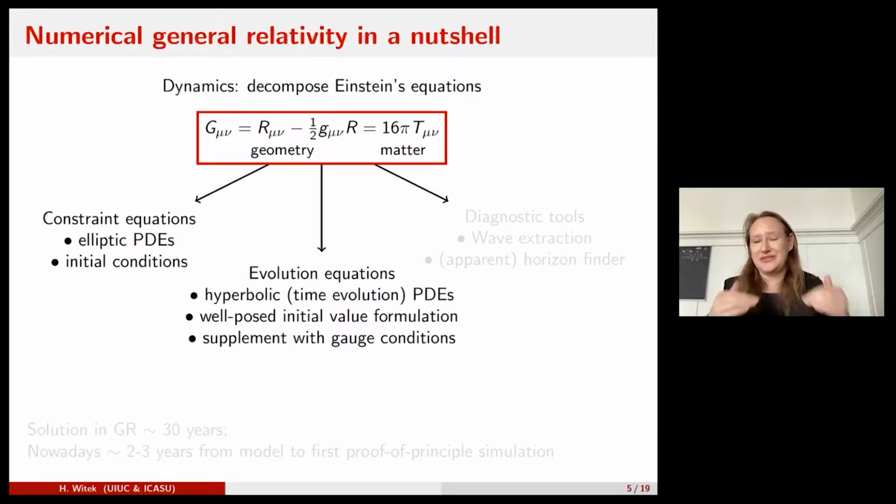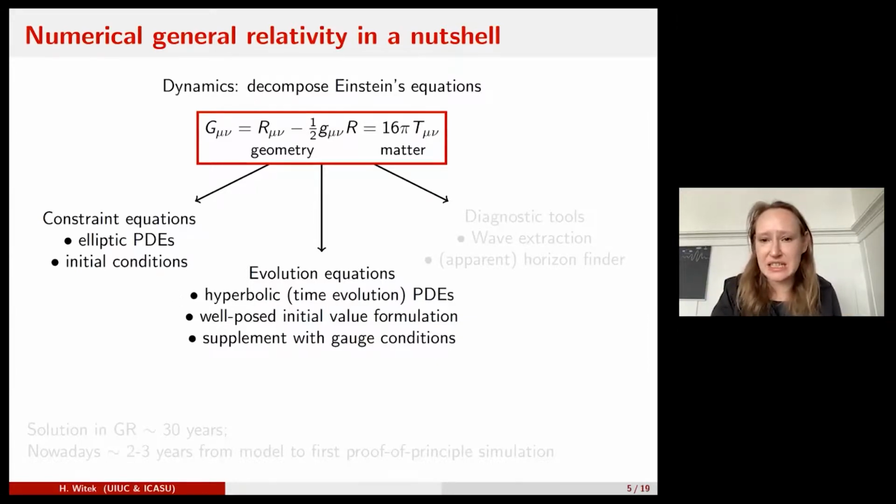So if that's not given, then it's almost not meaningful to even start an implementation, because you know that the numerical evolution would become unstable. Yeah, so you want to make sure that this is given, and this is actually some of the longest part in some extensions of GR to get this right before you start an implementation.